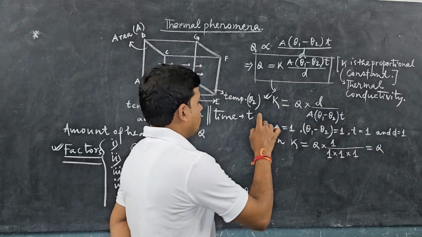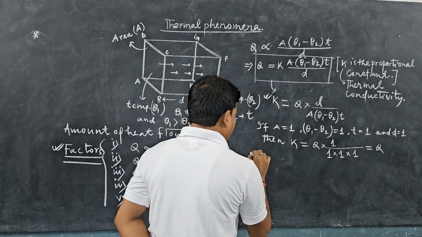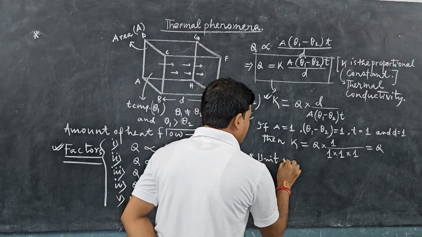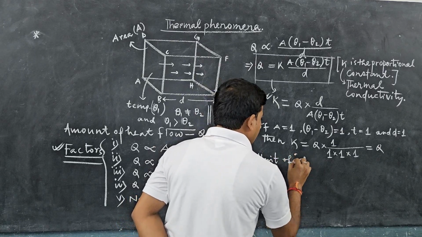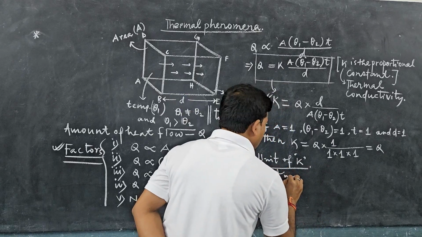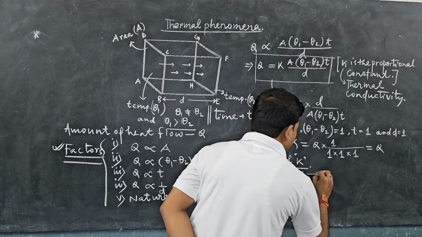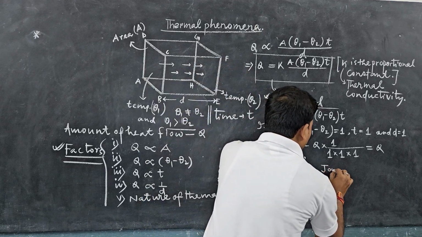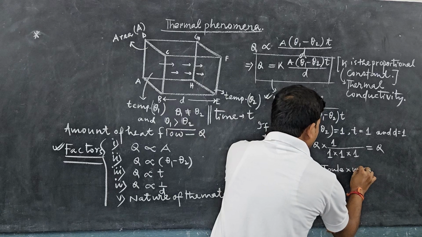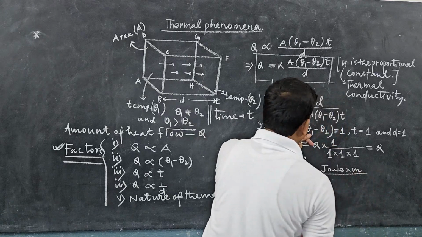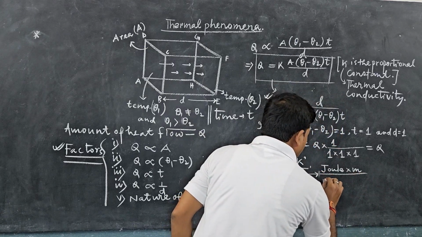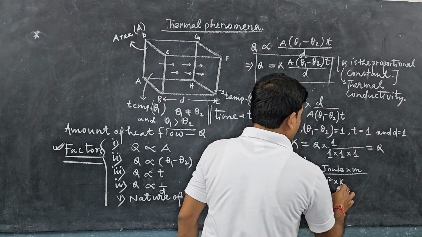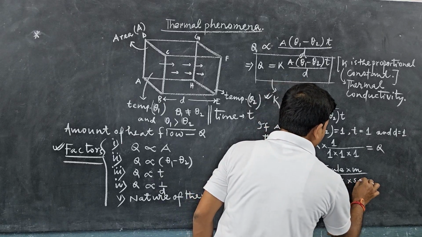Okay, and from this we can easily find the unit of thermal conductivity, that is the unit of K. In SI units, Q is the unit of heat, that is joule, into distance, meter, divided by area, that will be meter square, into temperature, Kelvin, into second.